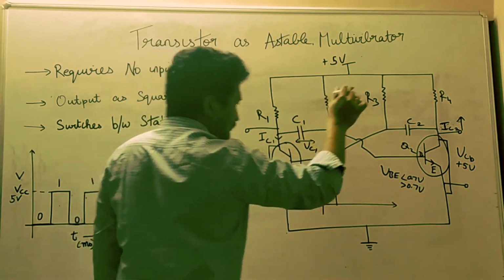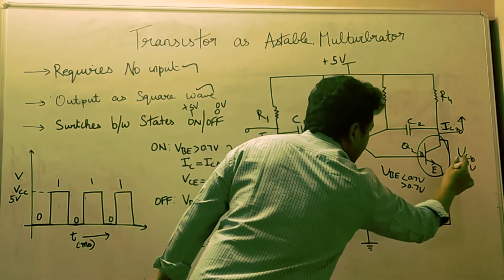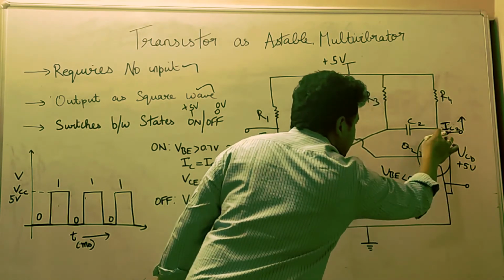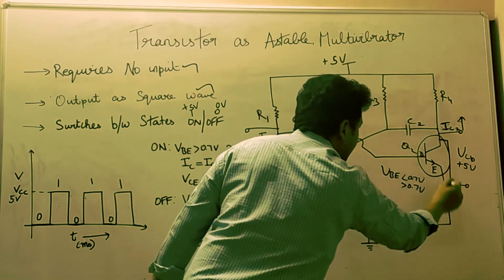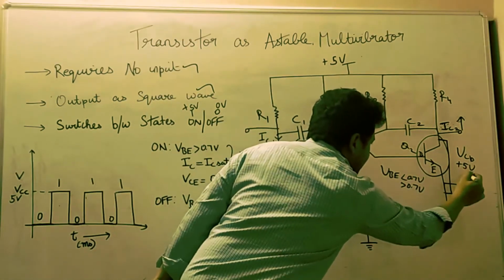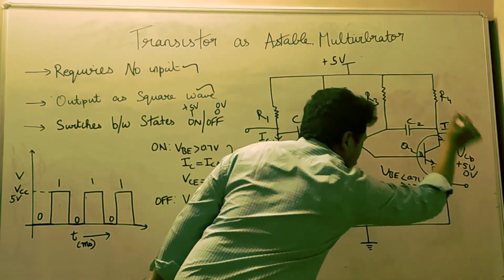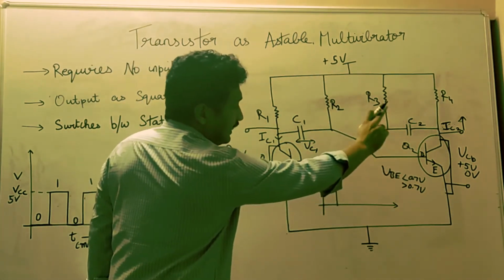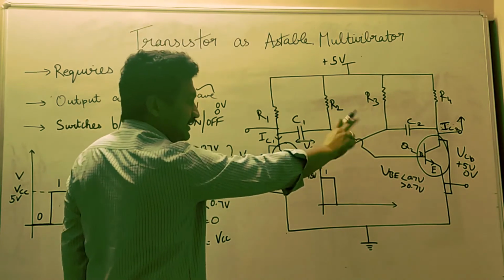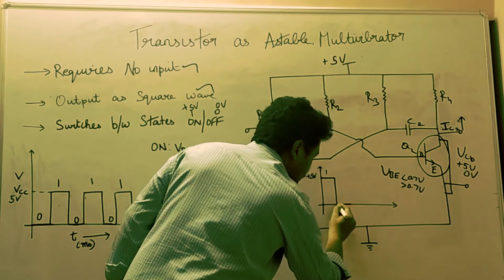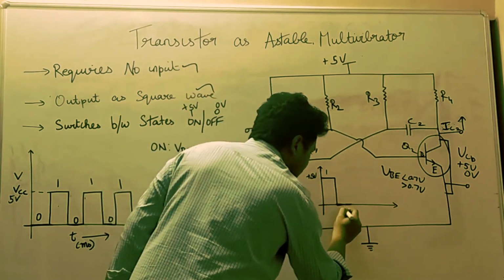Now the voltage here, since this collector and emitter terminal is shorted because of the saturation state of the collector current, this plus 5 volt state changes to 0 volt. So if again the output is measured at that point, VCB, it goes to 0 volt, or state 0.